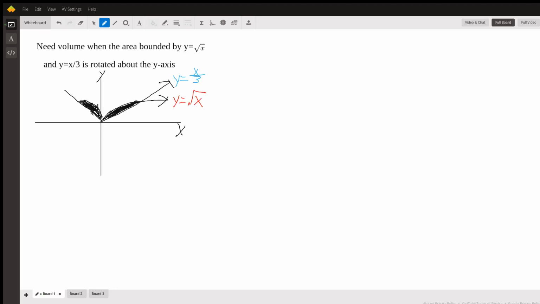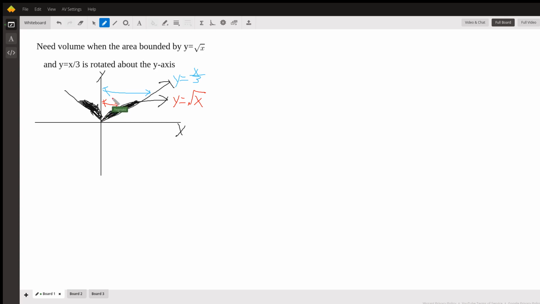Okay, so when we look back at our figure, we have this radius, and then we have this radius.